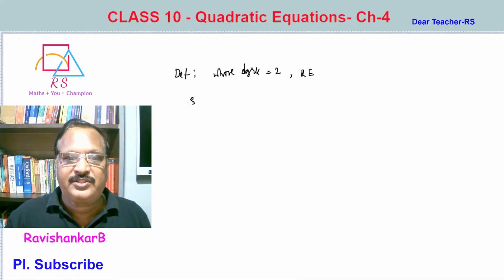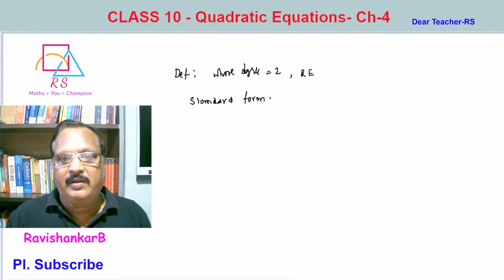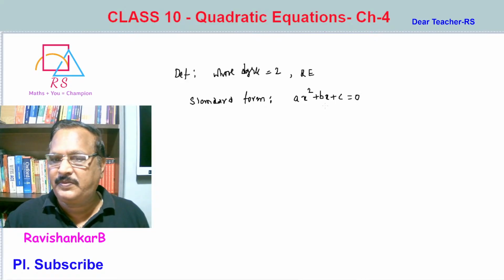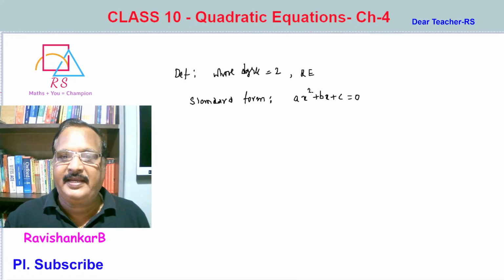Let us have a standard form. So ax square plus bx plus c is equal to 0. Okay, only one variable is there. So highest power is 2, therefore degree is 2. So now a, b, c are real numbers.